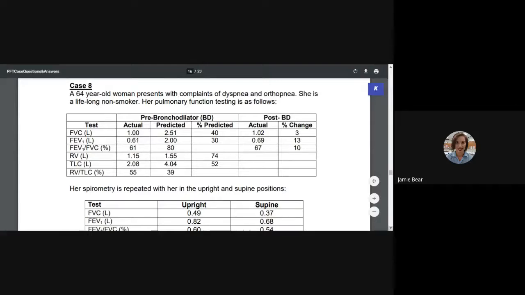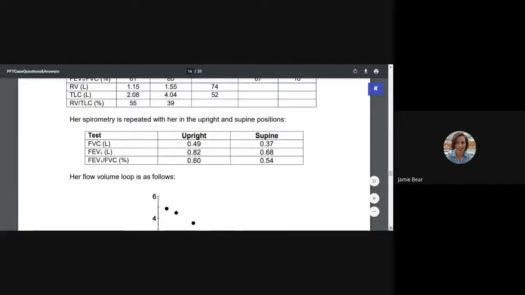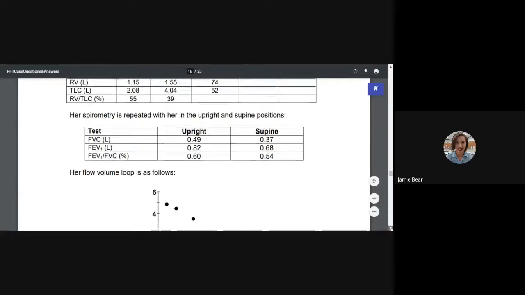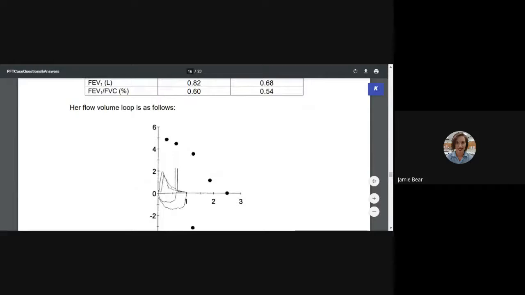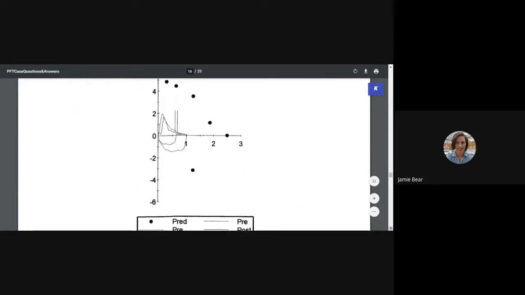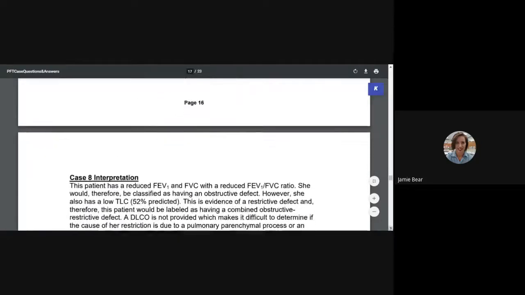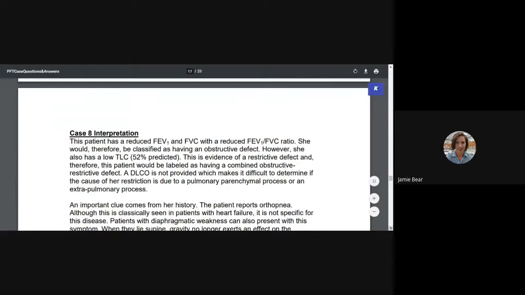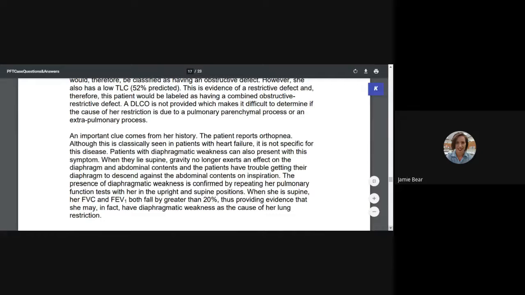Now, when you think of orthopnea, that means that it's much easier to breathe in the upright position. So here they did her spirometry repeated, laying down and sitting up. And so there was a significant difference. And wow, look at that obstructive pattern, obstructive and restrictive. So in that case, there's most likely some sort of heart problem, or she has some sort of vascular disease.